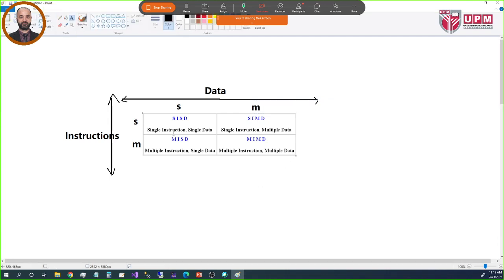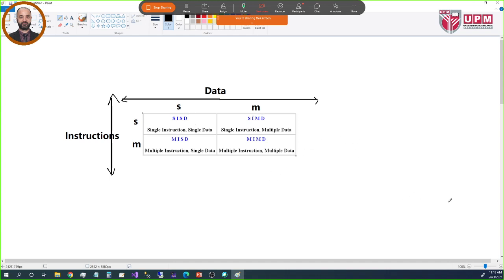So this cell is S and S, which means single instruction, single data. This one is single instruction, multiple data. The other one is multiple instruction, single data. And this one finally is multiple instruction, multiple data. What does this mean, guys?